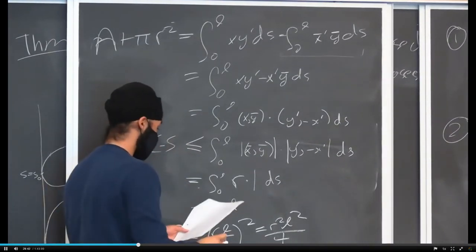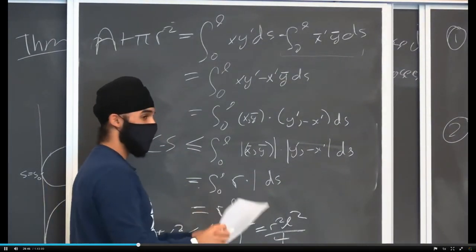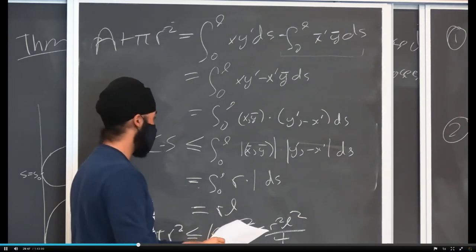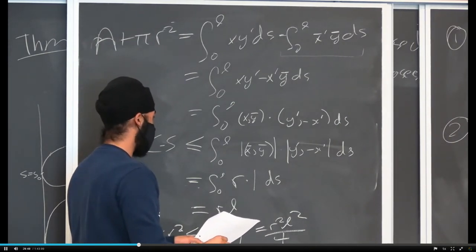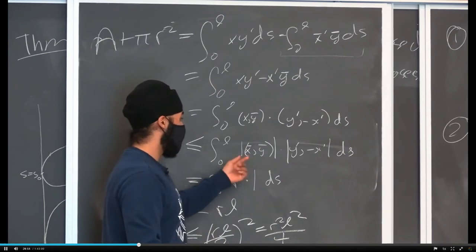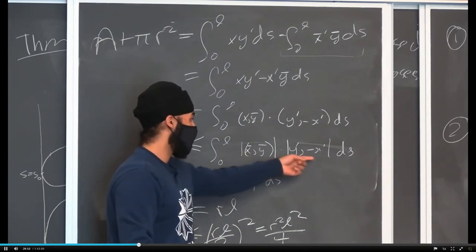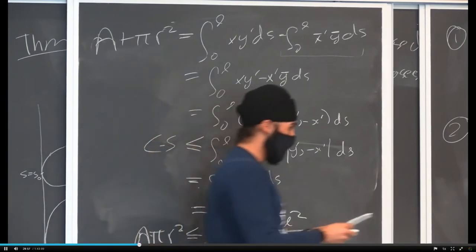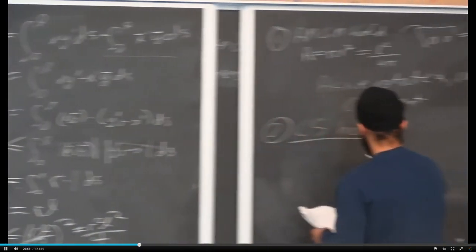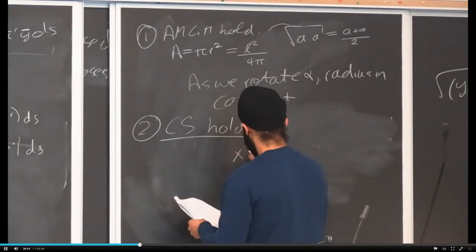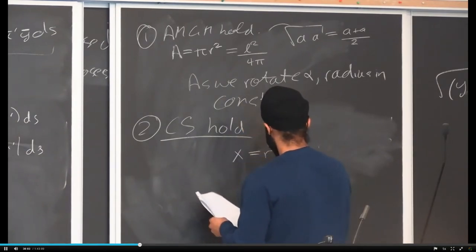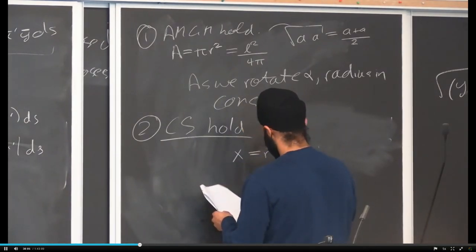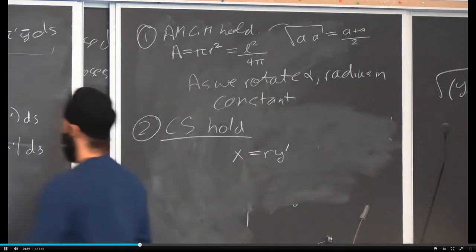I want to finish the proof first, and then I'll talk about the details later on. But what I'm trying to say is that this vector and this vector are multiples of each other. This first equation is kind of obvious, if you think about it.